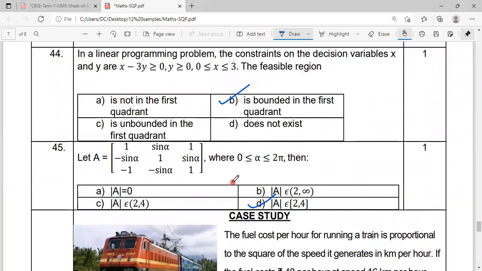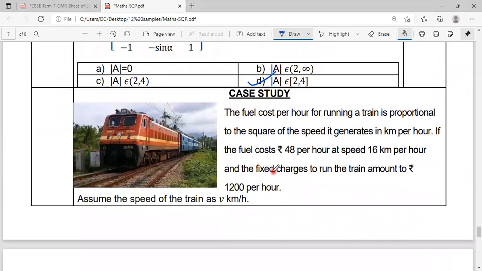Now we have a case study question where the fuel cost per hour for the running of the train is proportional to the square of the speed it generates in kilometer per hour. If the fuel cost is rupees 48 per hour at a speed of 16 kilometer per hour, the fixed charges to run the train are 1200 per hour. Assume the speed of the train to be v kilometer per hour.